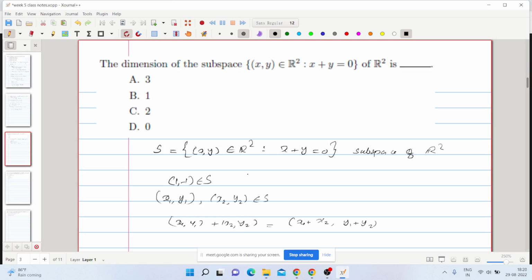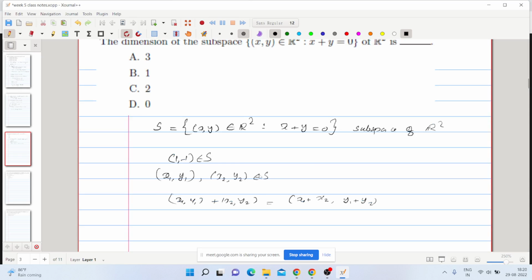Is this in S? For an element to be in S, the summation of the two coordinates should be 0. So we need to confirm whether the sum of these two is equal to 0 or not.